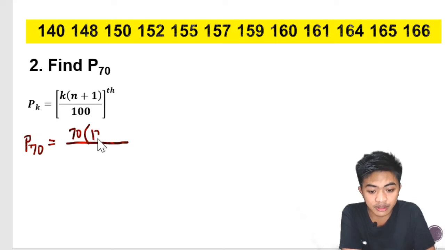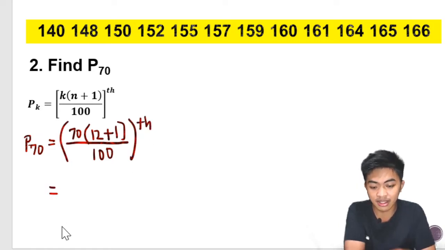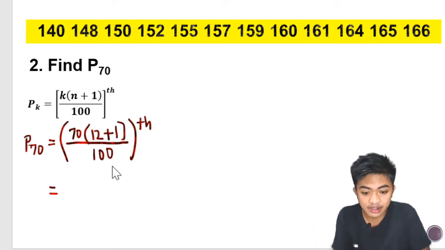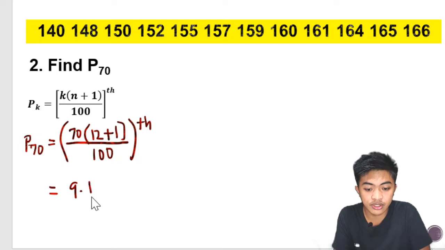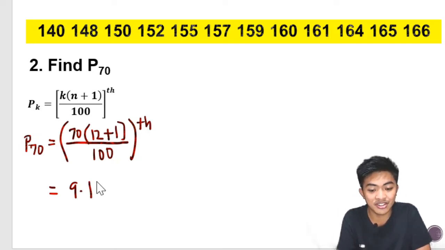So there are 12. Plus 1 divided by 100. And don't forget the TH, or depende. Okay, so I'm going to solve for the result. That is 9.1. Since 1 yun, we're going to change TH to ST, 9.1st.